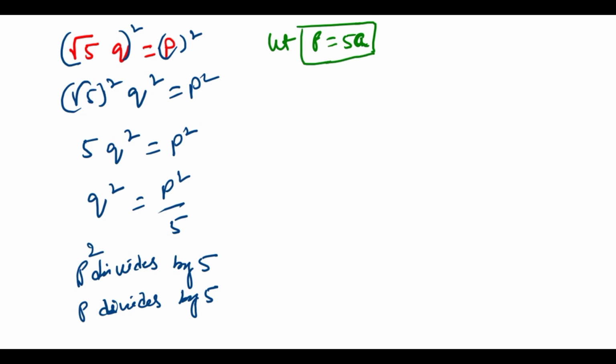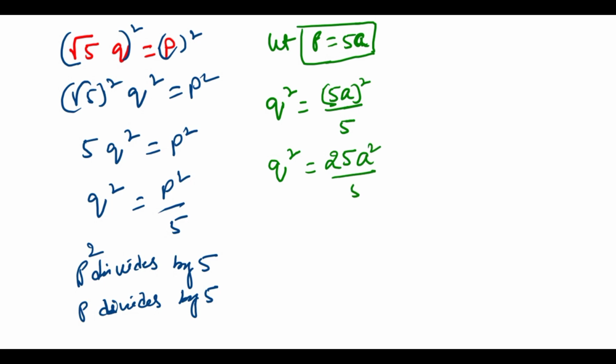So we write now Q squared equals (5A) whole squared by 5. Then Q squared equals 25A squared by 5. So the 5s get cancelled. So Q squared equals 5A squared.